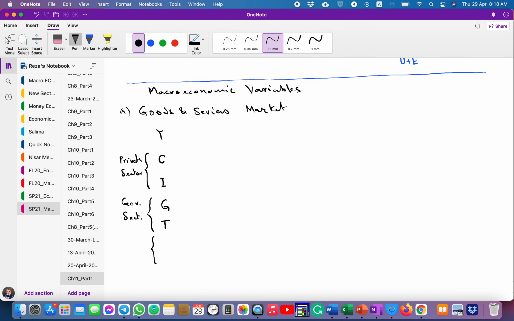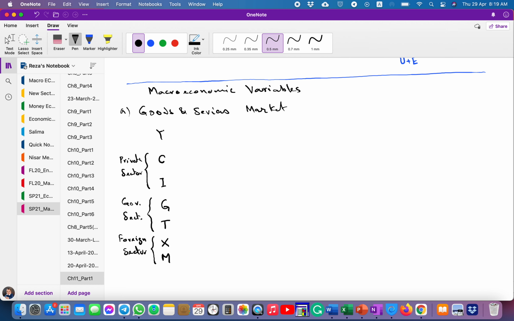And the book is not talking about it, but the foreign sector is also, we know it from chapter 6 and 7, that export and import are important part of the economy.